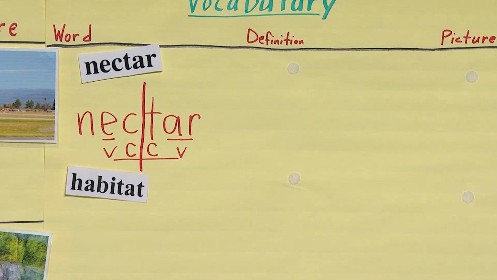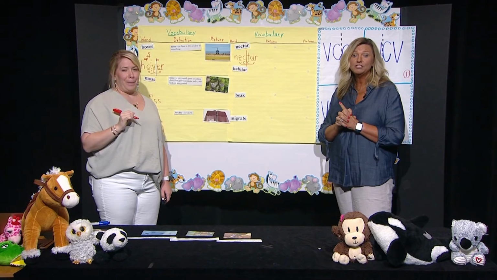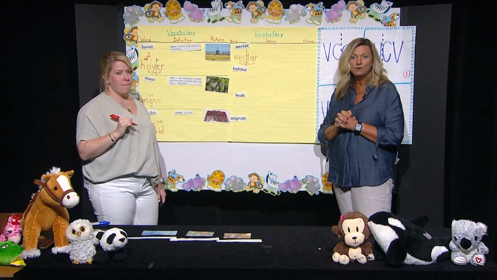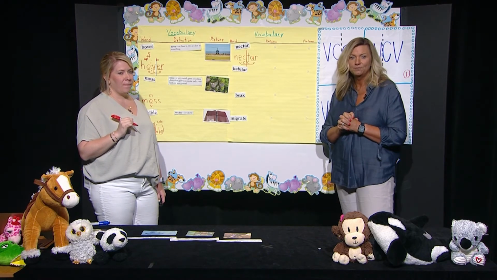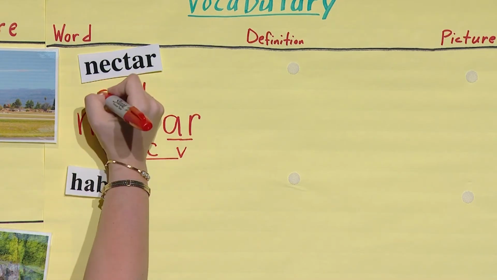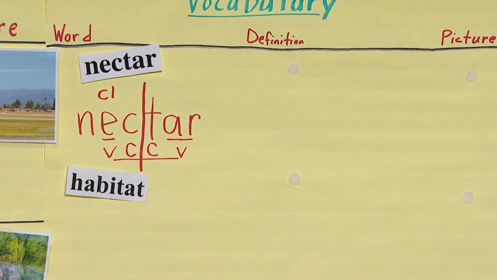Next we need to label each syllable and blend the word. Boys and girls, what do you notice about the first syllable? Good. Since the E is followed by consonant C, this is a closed syllable. What about our second syllable? Exactly.